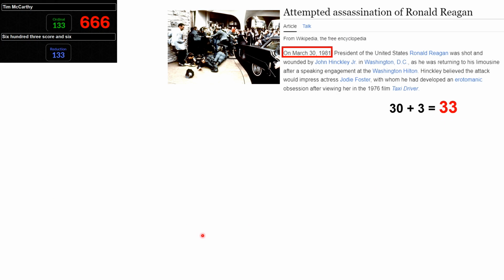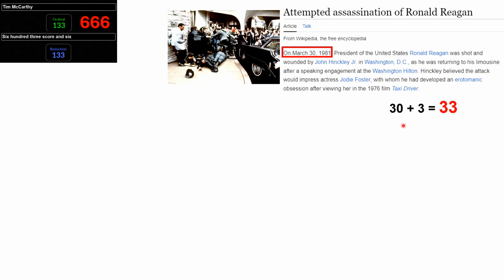Very interesting. But more significantly with 105, way back on the 30th of March 1981, there was an attempted assassination of Ronald Reagan. So this is the next down the list, attempted assassination of a sitting president or an ex-president or a president-to-be.